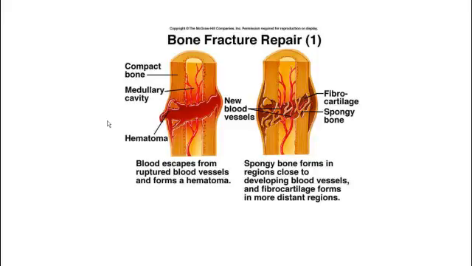And then initially we have what's called provisional callus, which is just the very soft start of bone tissue starting to repair itself, what we call granulation tissue. The granulation tissue is collagen and blood vessels growing together. So there's no stability to that yet, but it is the start of the repair process.